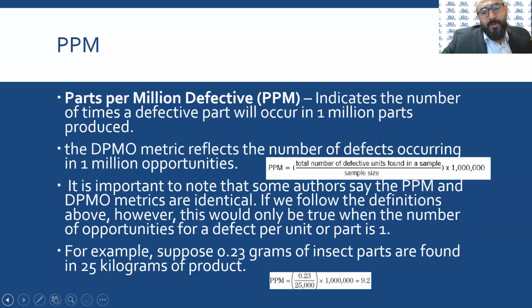In order to find the PPM, that would be 0.23 divided by 25,000. Why 25,000? Because we have to have the same units, so we convert the kilograms to grams by multiplying by 1,000. So 0.23 divided by 25,000 times 1 million. The PPM in this case would be 9.2.